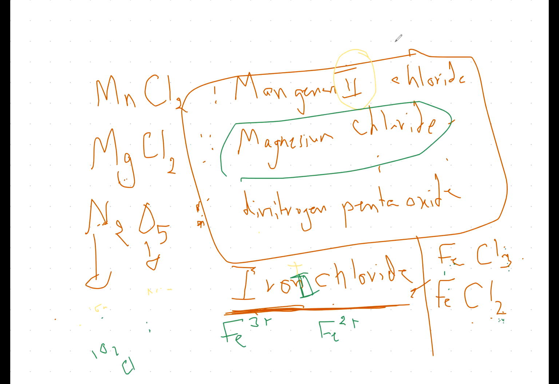But when I have transition metals, I need him to tell me the number, and he expresses this number in Roman numerals. Is it good? Yes. So we learned something good. We will go back now.